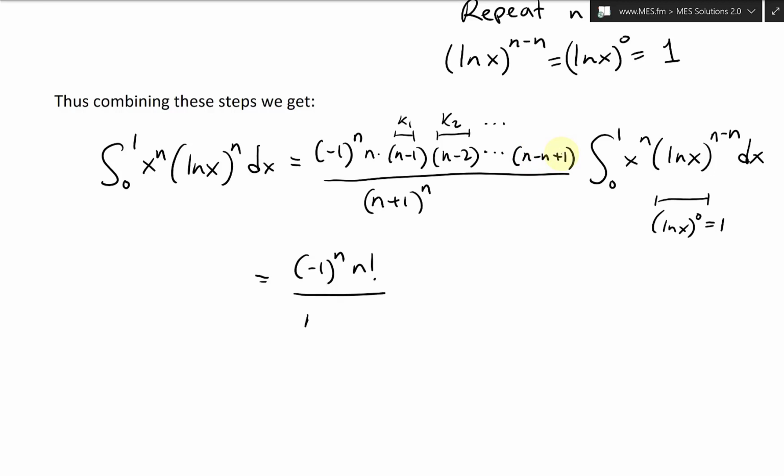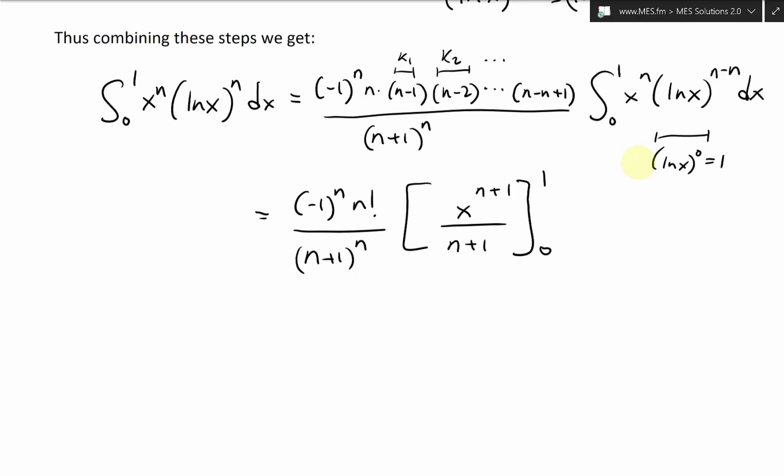Divide this by (n+1)^n. And now the integral of x^n, well, we know that. That's just going to be x^(n+1) over n plus 1, like that. And we're going to evaluate that from 0 to 1.